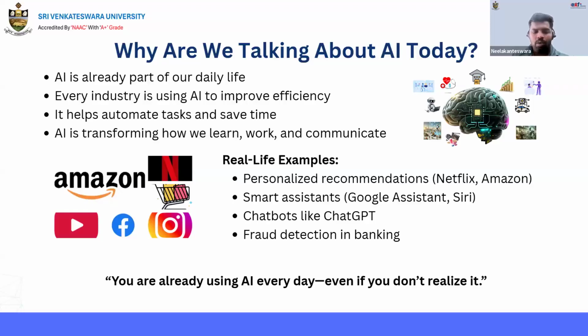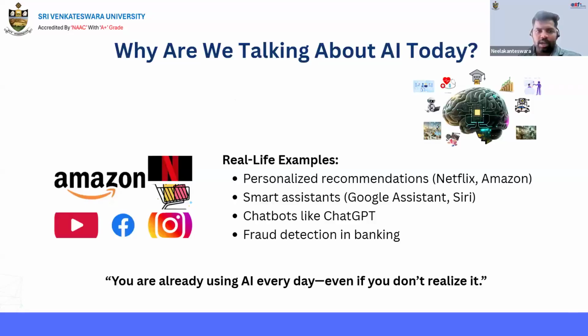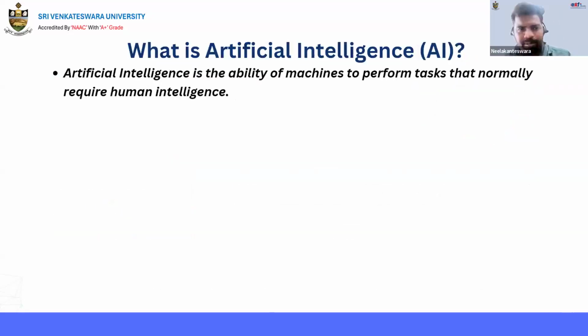Now we see what AI exactly is. Artificial intelligence is nothing but giving machines the capability to perform a task or make a decision that actually requires human intelligence.